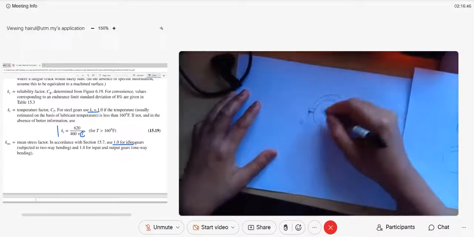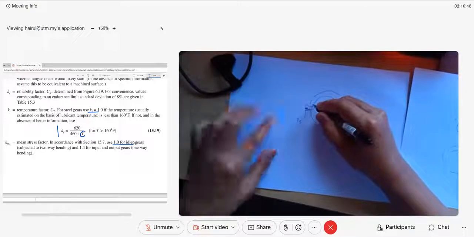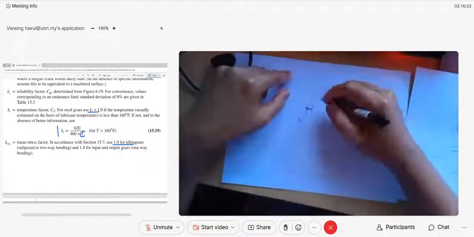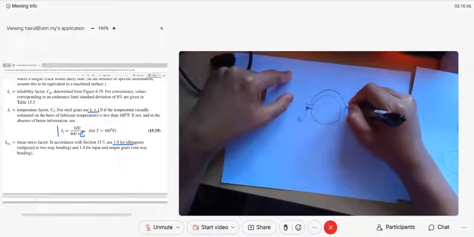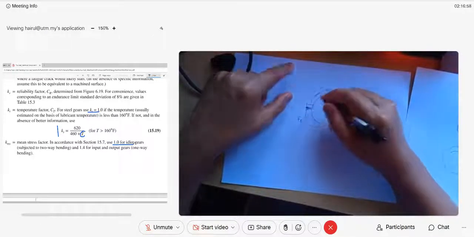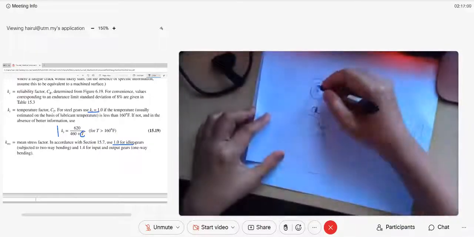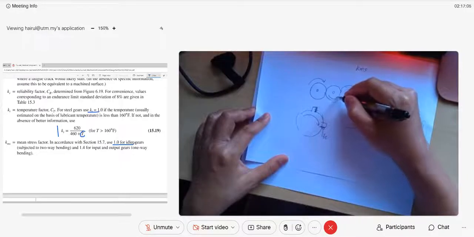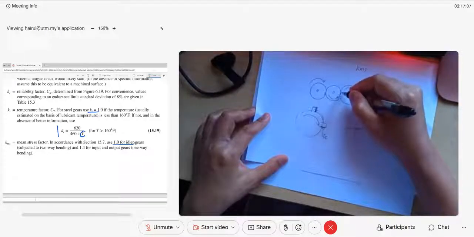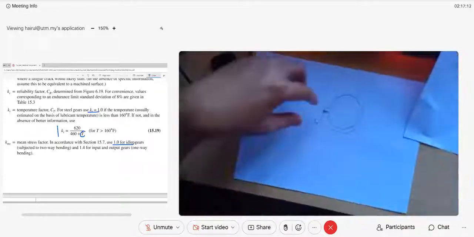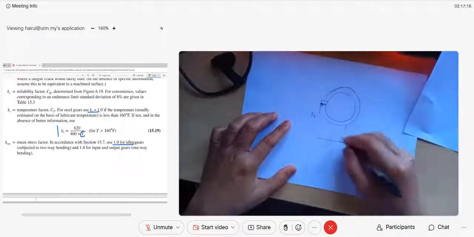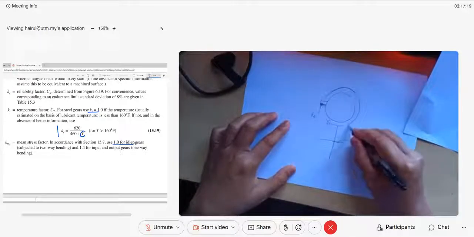The tooth of the output gear is like this; it will be driven like that and rotate like this. Sorry guys, this one direction. It will impact like this. So when we plot over time, this tooth's sigma bending is just one way, one way only.